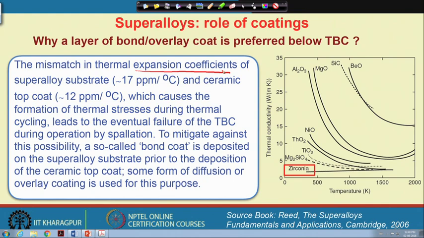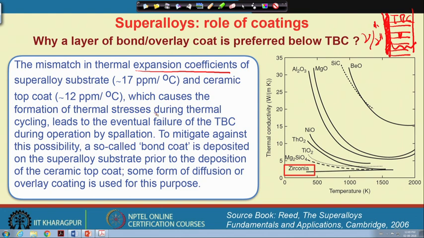So, if we take a gamma prime alloy and apply only thermal barrier coating, the mismatch in thermal conductivity and expansion coefficient is very high, and therefore we need another overlay coating or bond coating in between. Also, thermal barrier coating has the highest thickness.